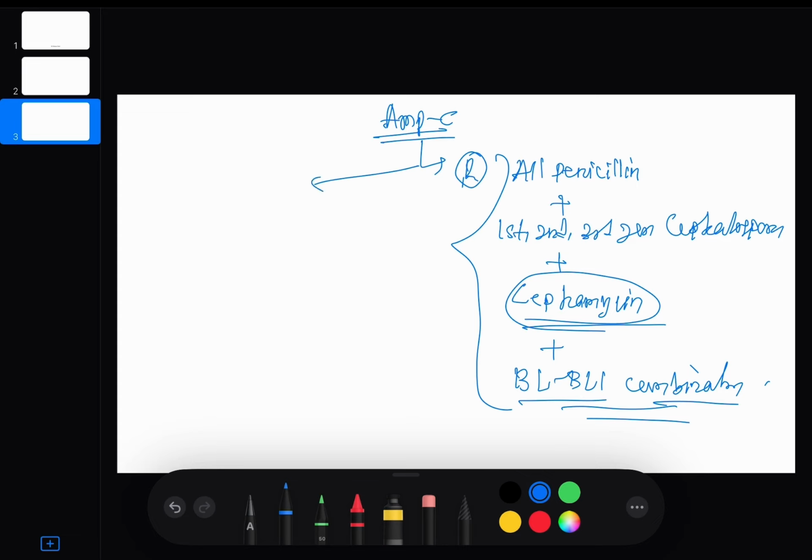How is AMC killed or susceptible to? First is the fourth generation cephalosporin and carbapenem. They are the drugs of choice that are given in the AMC producing bacteria.